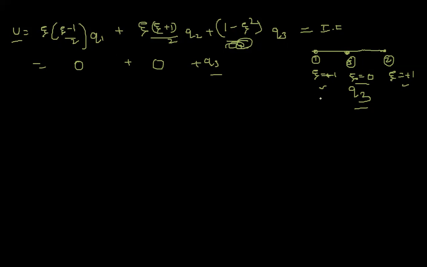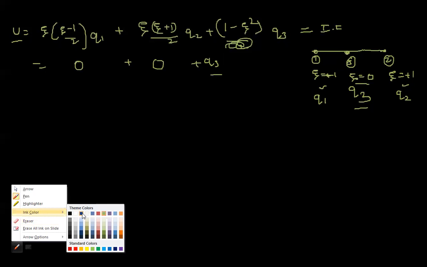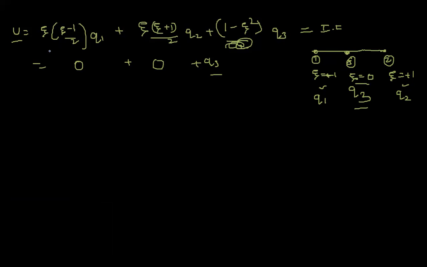If you put minus 1, you must get u equal to q1, and if you put zeta equal to plus 1, you get u equal to q2. Now at this point I can call zeta into zeta minus 1 the shape function N1, and I can call this N2, and this one N3.